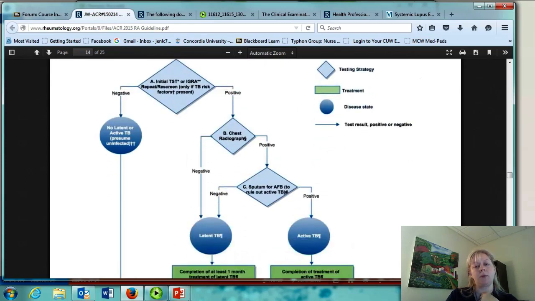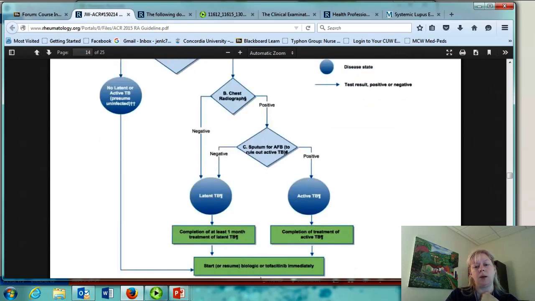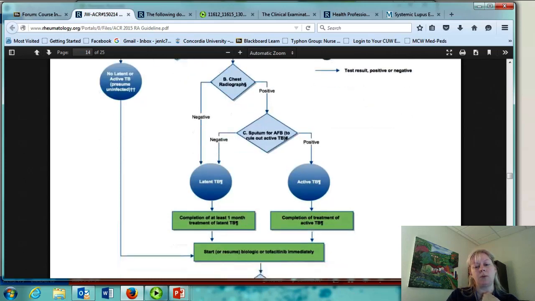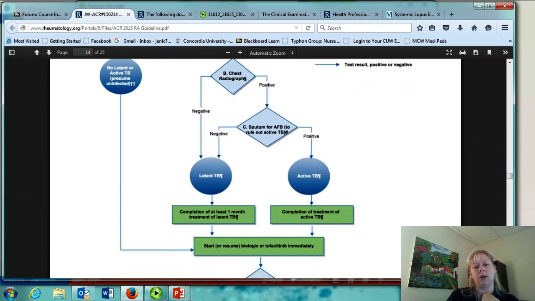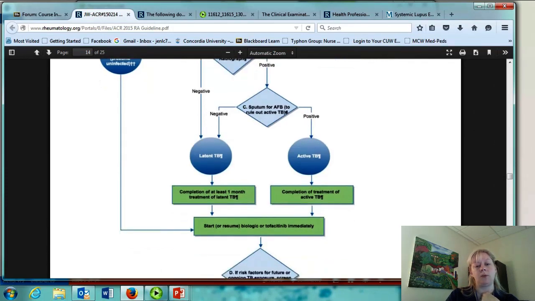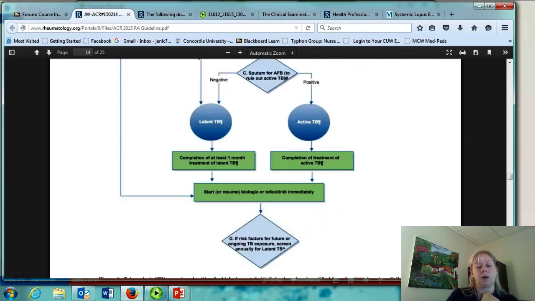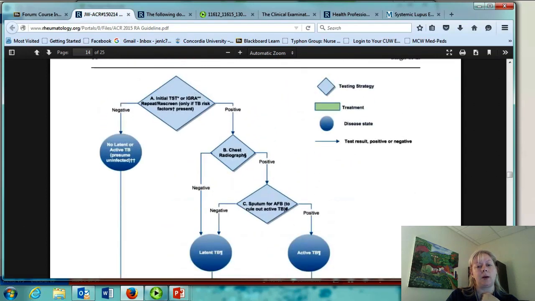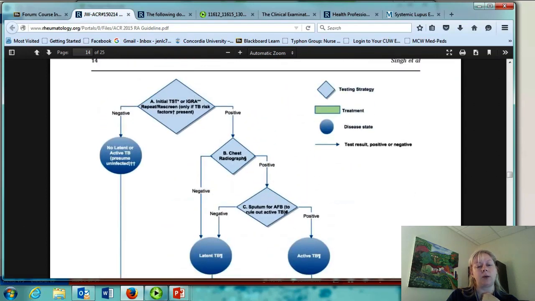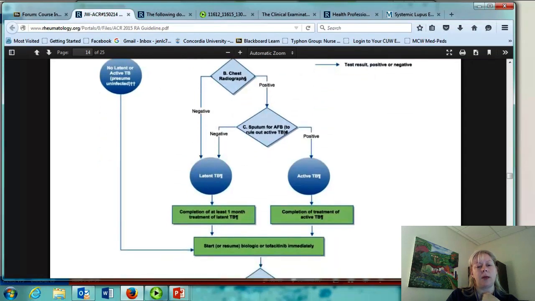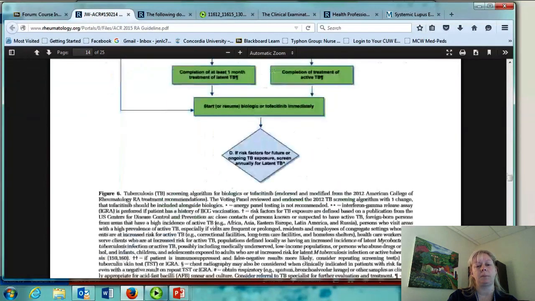If it's positive, they get a chest x-ray. If that's positive, they get a sputum. If that's positive, they need to treat them for active TB before they even start. They need to complete the treatment of active TB. And if their chest x-ray is negative and they have latent TB, then they need to complete at least 1 month of treatment of latent TB.